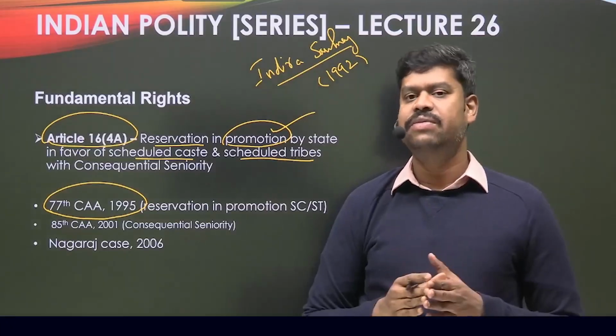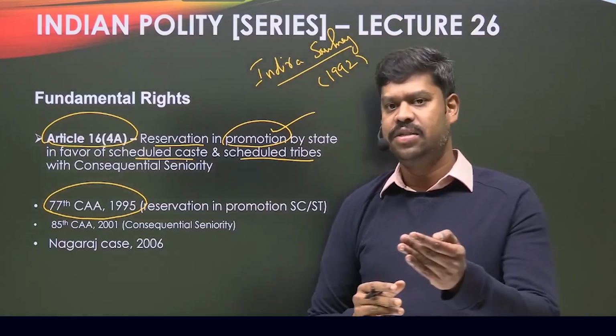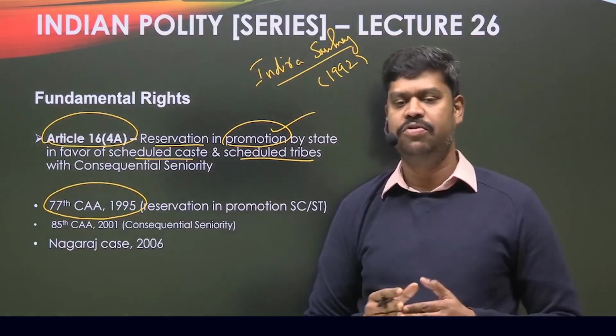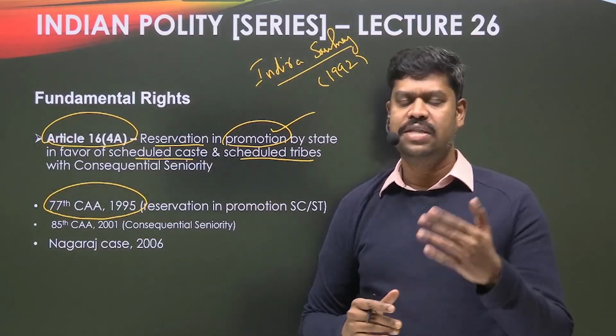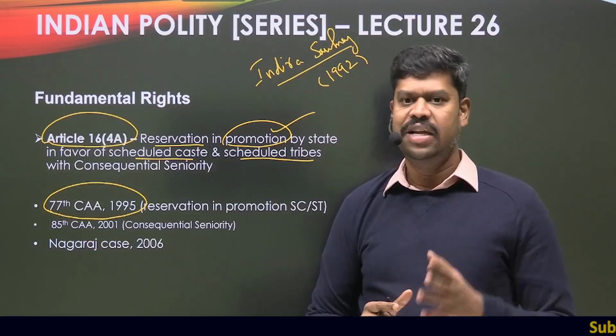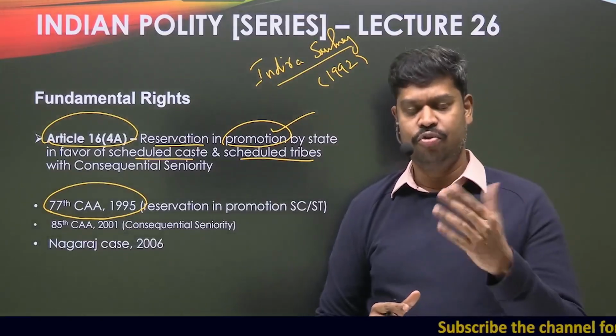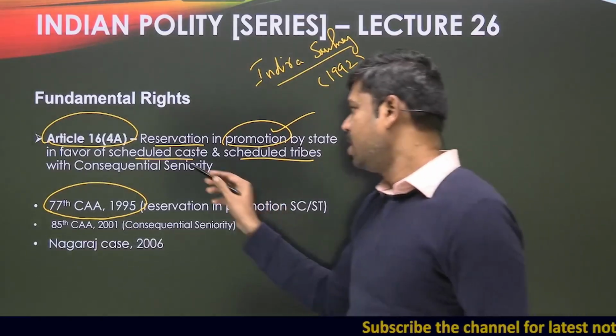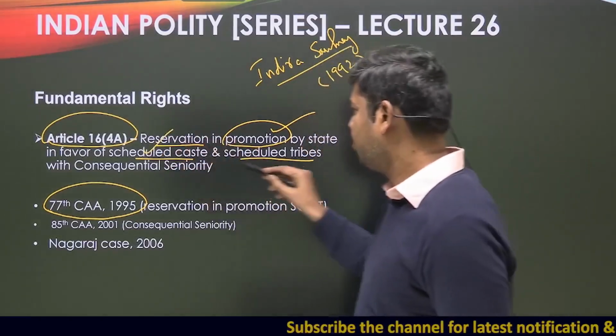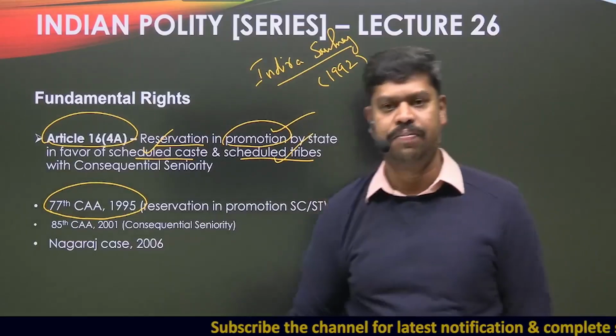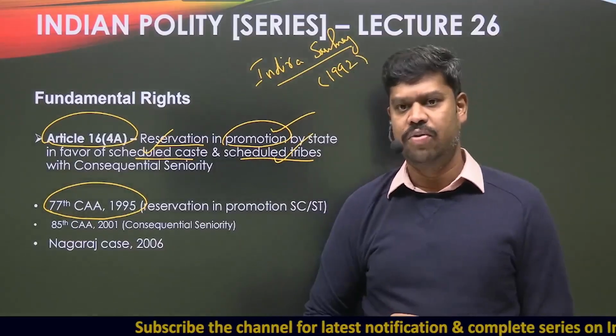But this time, when the state brought in Article 16 Clause 4A as an enabling provision allowing for reservation in promotions, they did not allow it for the backward community. For whom have they allowed reservation in promotion? They have allowed it only for the scheduled caste and the scheduled tribe. So this is what you'll have to understand.